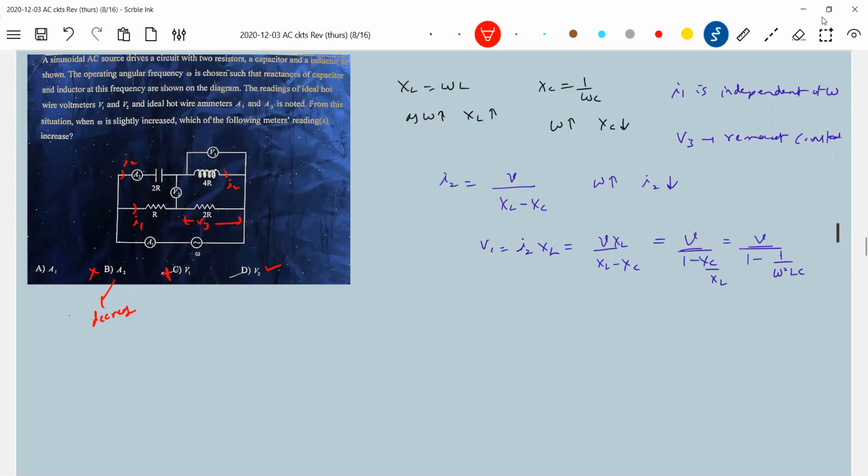A1 how? I should search from here, no? Overall, this will be XL minus XC, no? I1 constant, I2 decreases. So therefore, A1 also should decrease. I think simple.